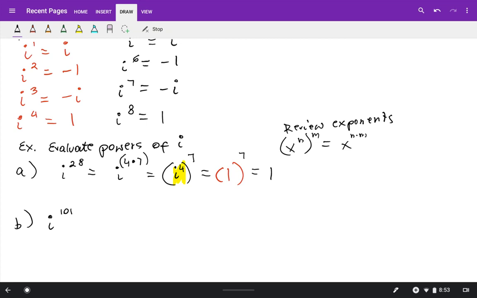So here, what I'm going to do is rewrite 101 as 100 plus 1.